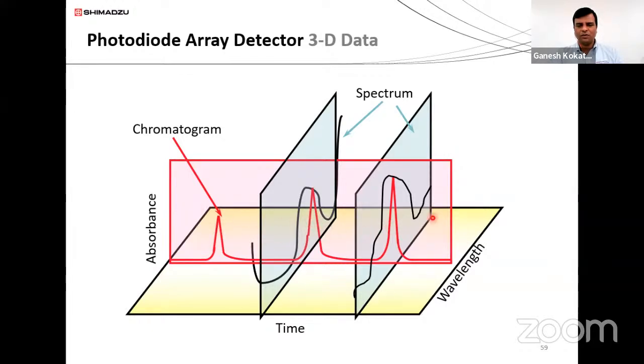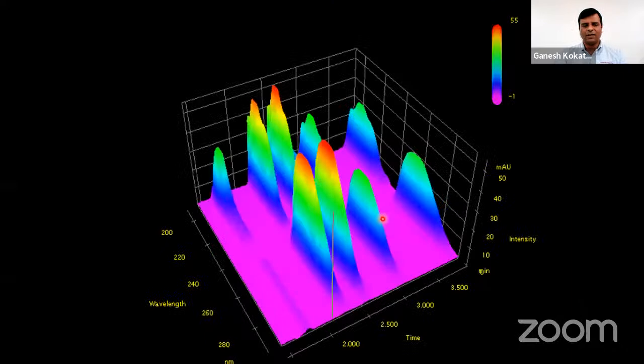If I put time, absorption on the left-hand side, and wavelength over here, you see the spectra of two different components. It shows some wavelength as each peak comes. So these are two different wavelengths with respect to two different peaks. The PDA helps us provide more accurate data.